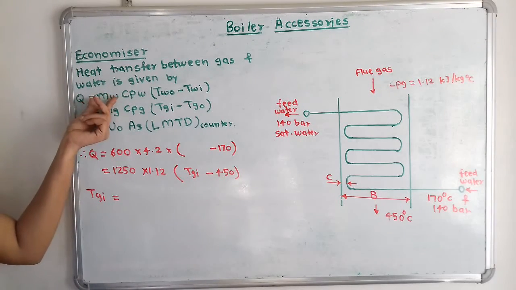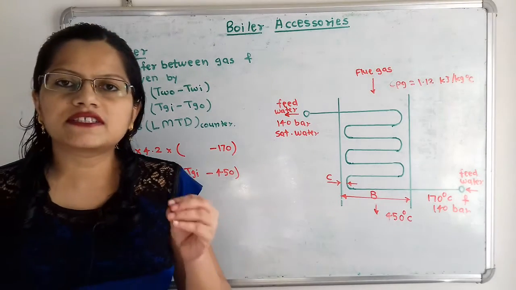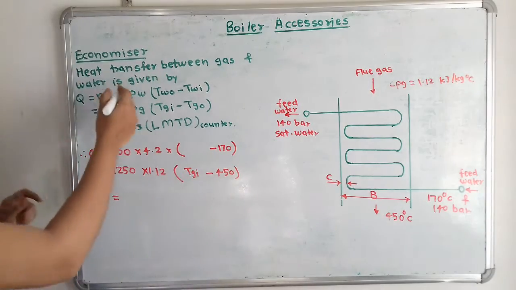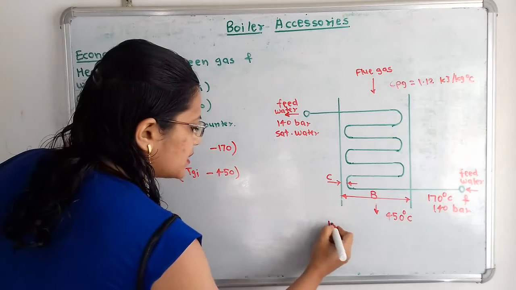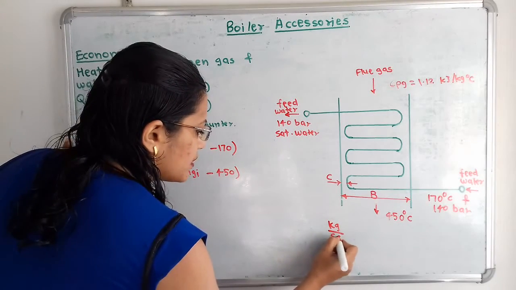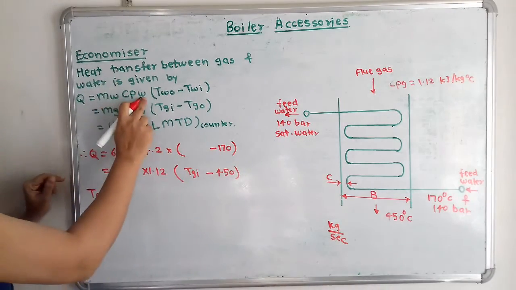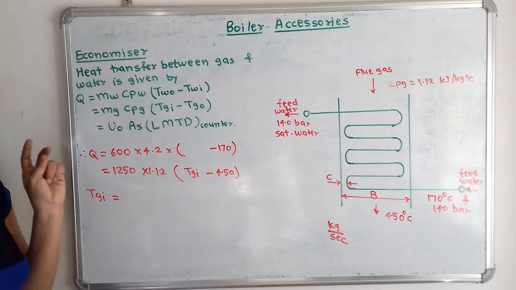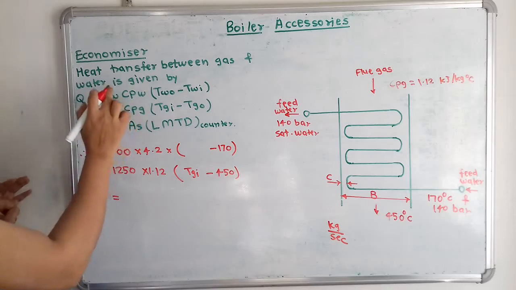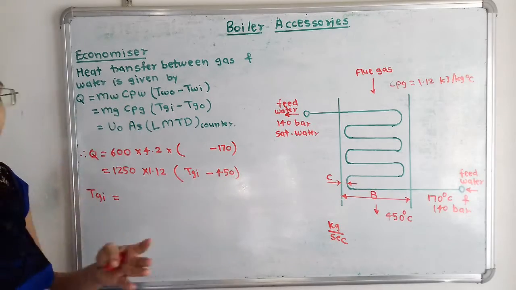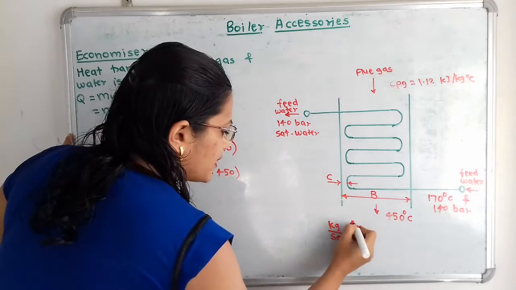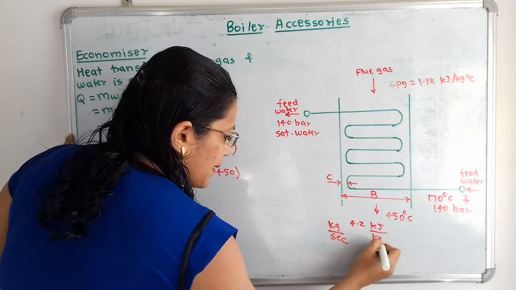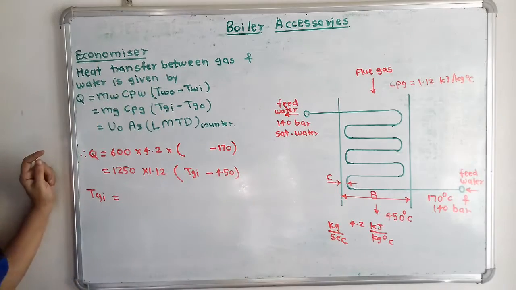So this mass flow rate of water is given in the question in kilogram per second. So I will first write the unit here, kilogram per second. Then the specific heat. Here the specific heat of water is not mentioned, but we should know that the specific heat of water is 4.2 kilojoule per kilogram degree Celsius.